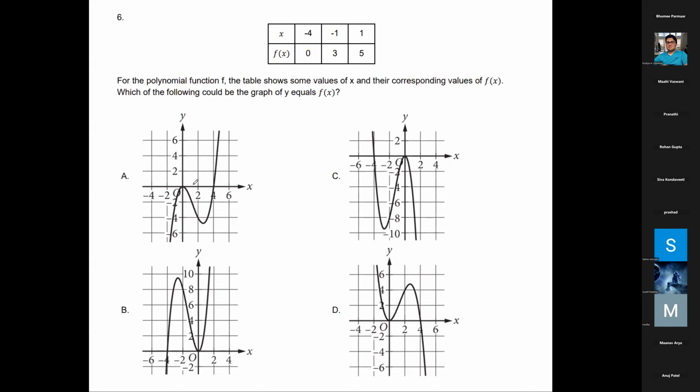Negative 4, 0, no. Negative 4, 0, that could work. Negative 4, 0, this is also not correct. And then negative 1, 3, that could work. Negative 1, 3, that couldn't work. So the correct answer is choice B.